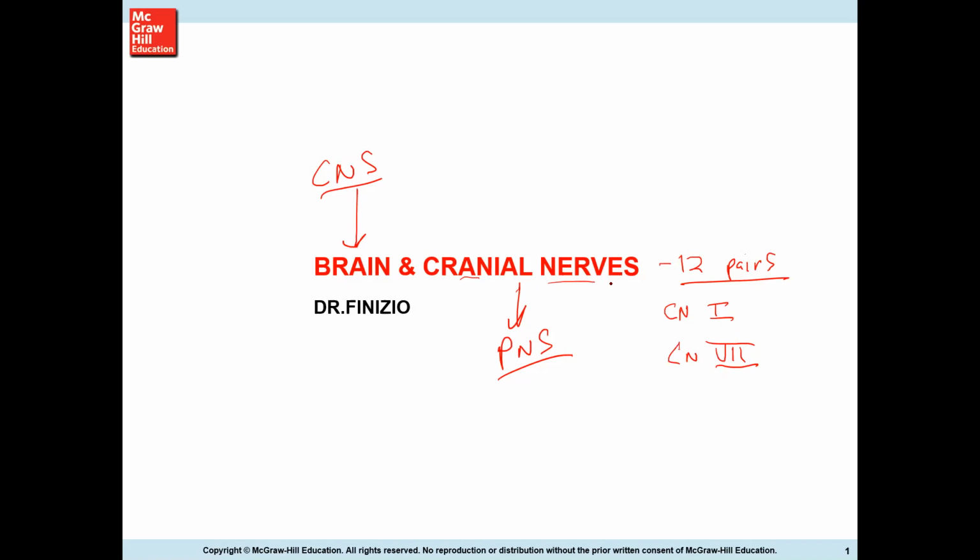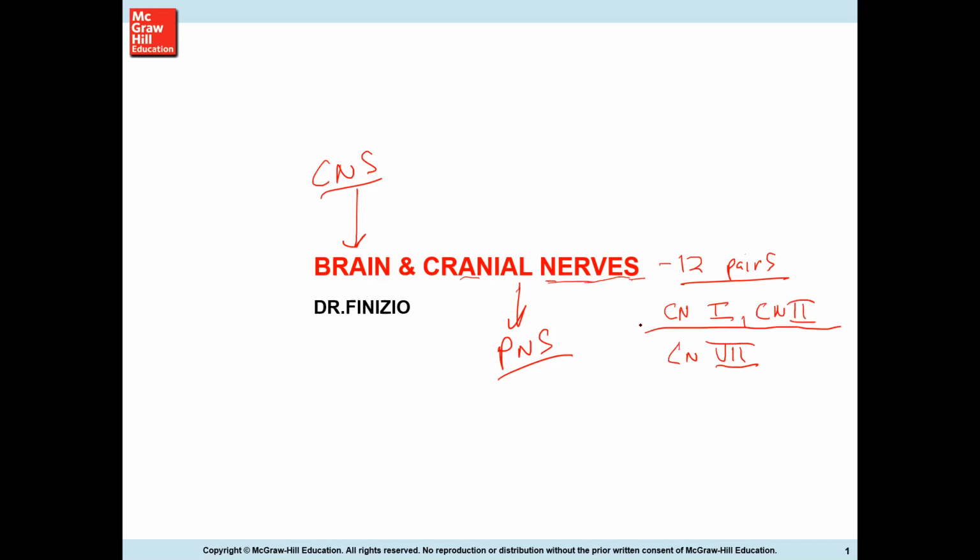But the nuclei of the cranial nerves are in the brain. And 10 of the 12 cranial nerves have their nuclei in the brain stem, which is the midbrain, the pons, and the medulla oblongata. I like saying medulla oblongata a lot too, right? So the top two, CN1 and cranial nerve 2, do not have their nucleus in the brainstem, which you'll see.